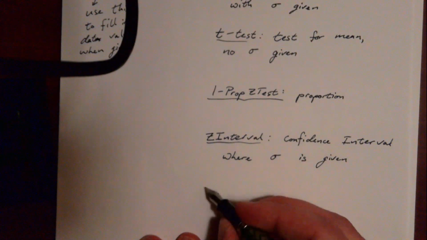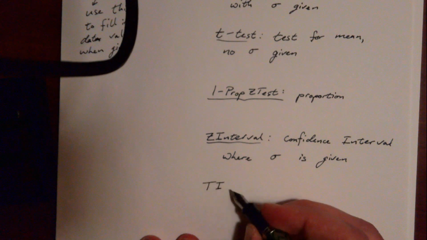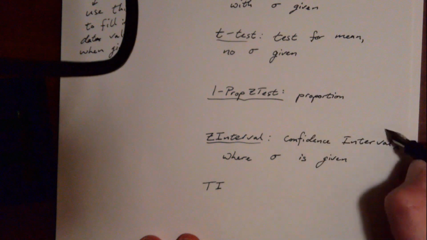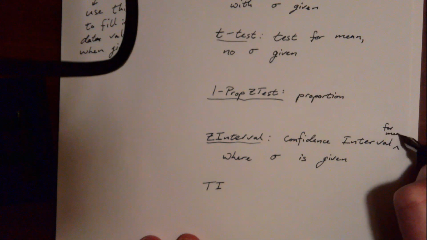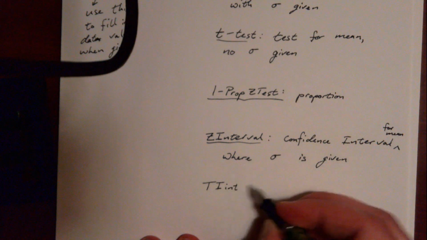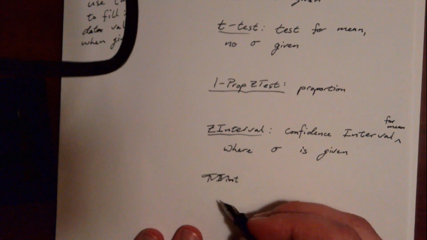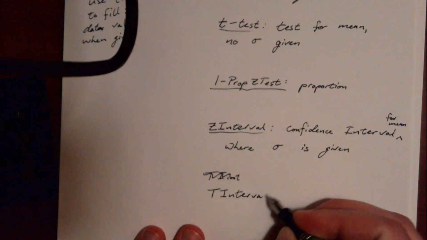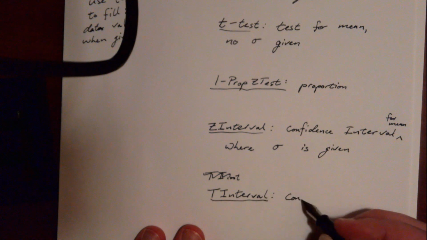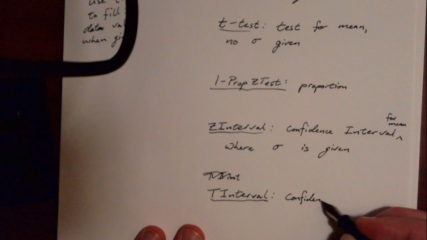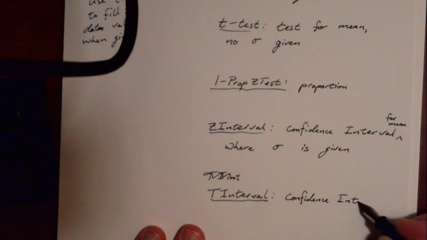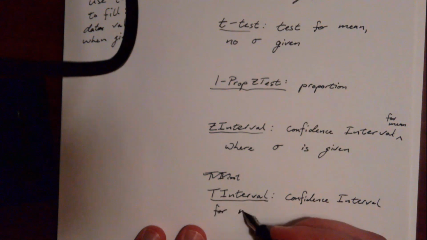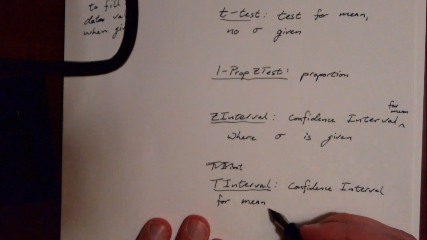Then we have a t-interval, a confidence interval for a mean, for a mean with no sigma given.